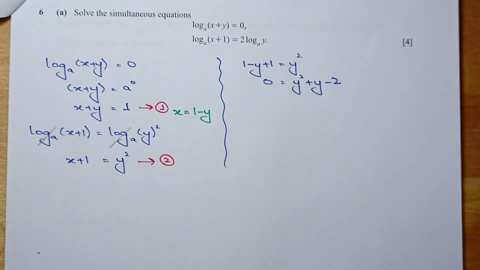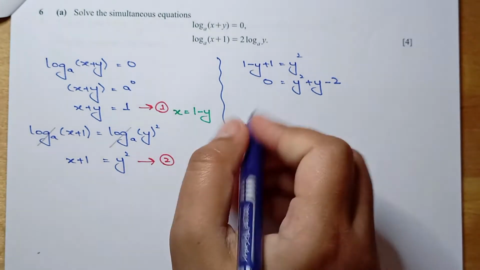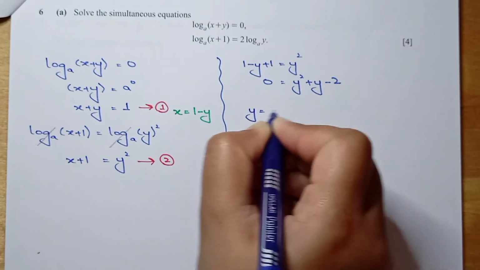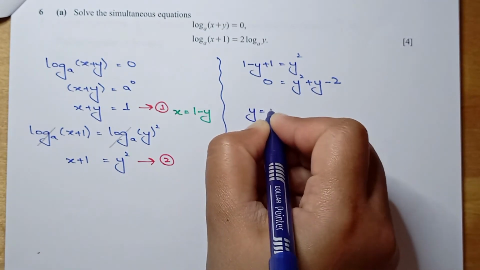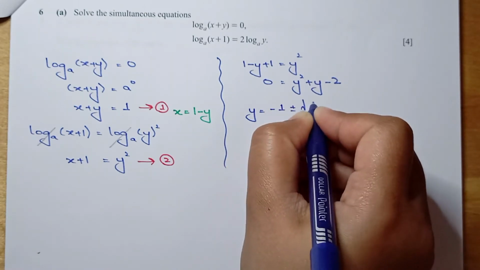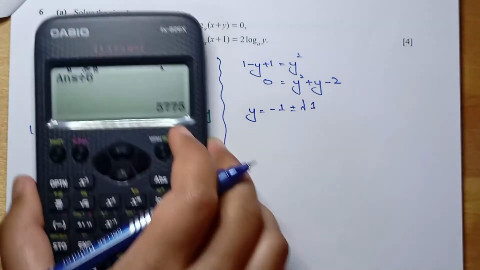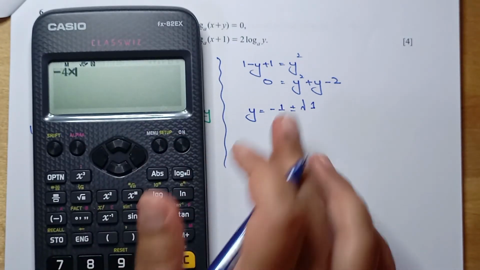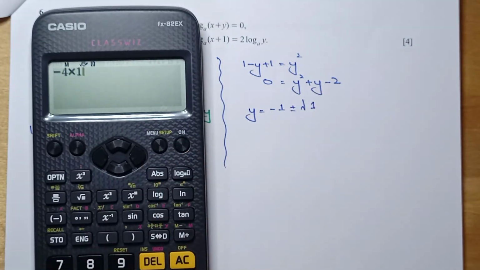So we have a quadratic equation. We can solve the y value by using the quadratic formula. So y equals negative b, b value is 1, so minus 1, plus or minus square root of b square, 1 square is 1, minus 4ac. So minus 4 times a value is 1 and c value is minus 2.